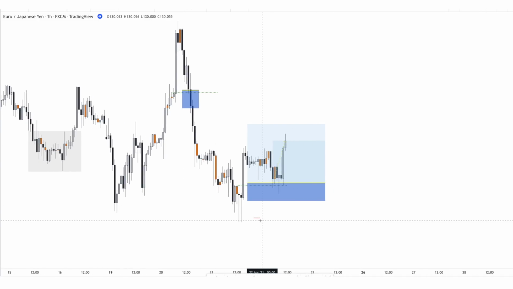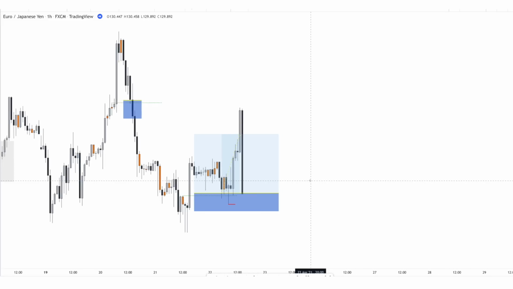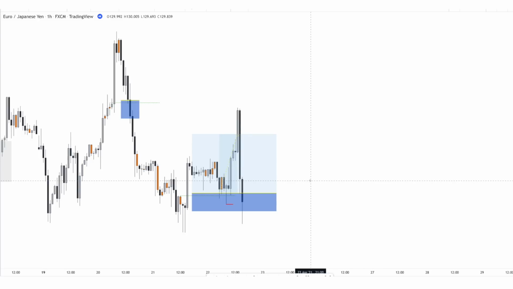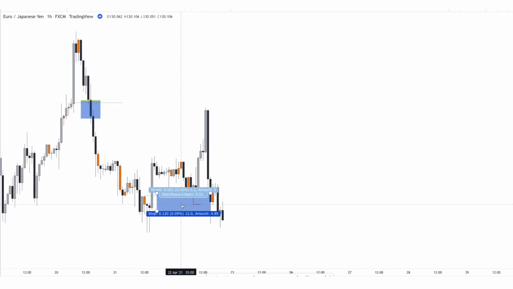I'd say we've taken about 0.4% off the risk, and wow, that is a fat retrace. Not surprised by that reaction, to be honest. So yeah, after seeing that fat retrace, we're out for about 0.6%. So let's keep going.